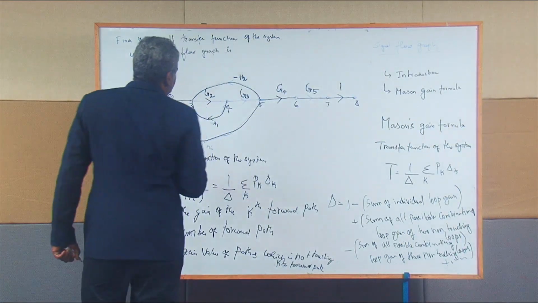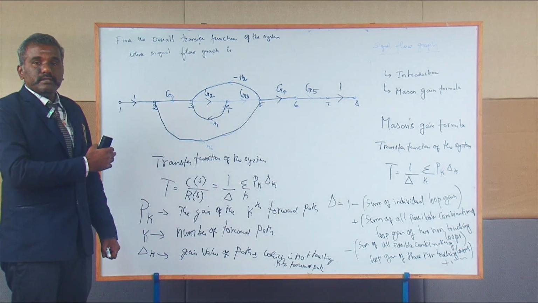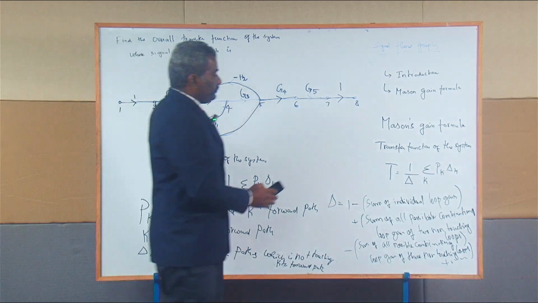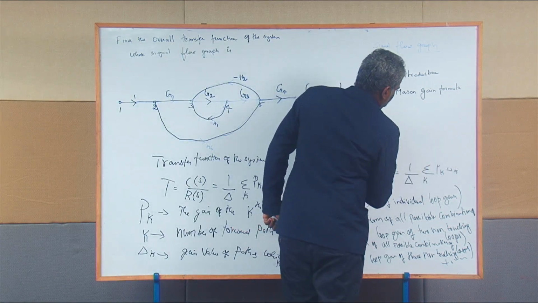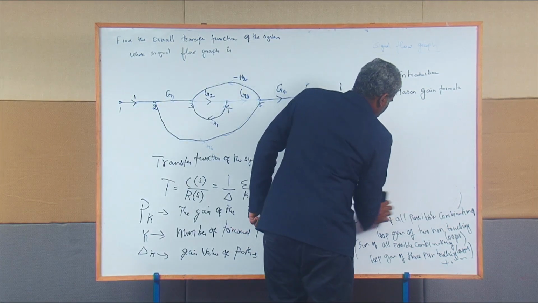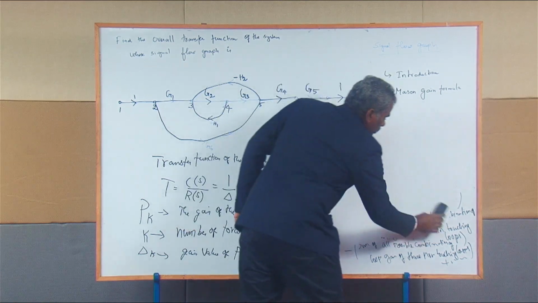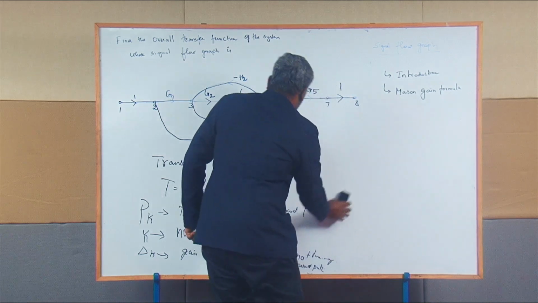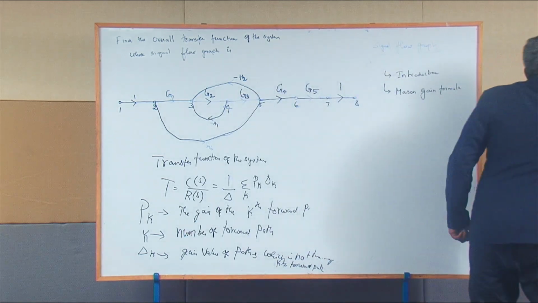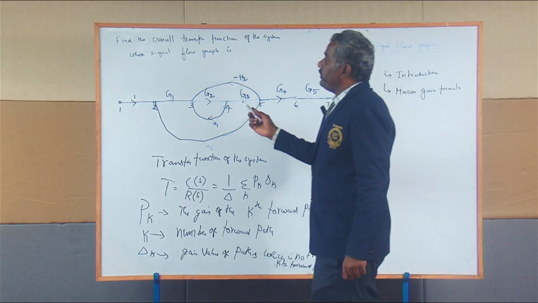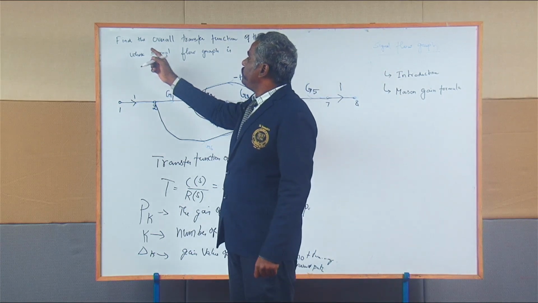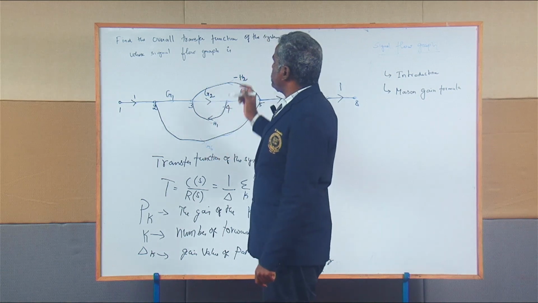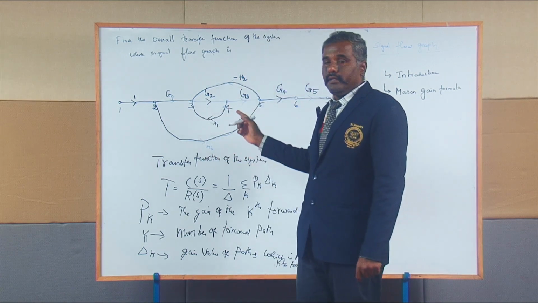Now we will solve a problem based on this Mason gain formula step by step. Whenever a problem is given, the first step is to find the overall transfer function of the system which has been given here.